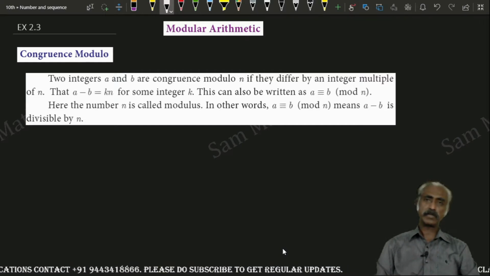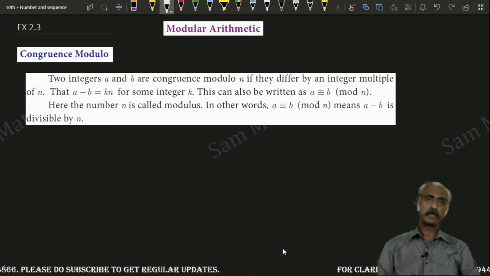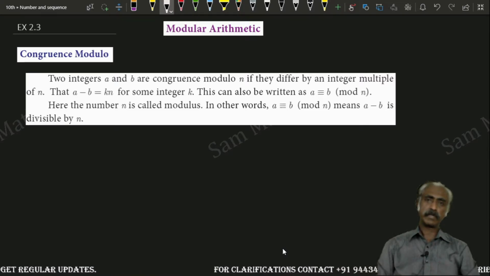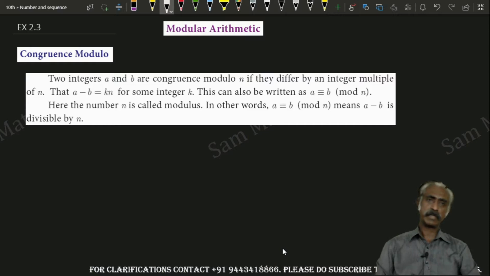This can also be written as a is congruent to b mod n. Here the number n is called the modulus. In other words, a is congruent to b mod n means a minus b is divisible by n.